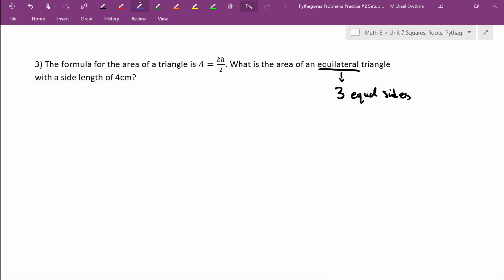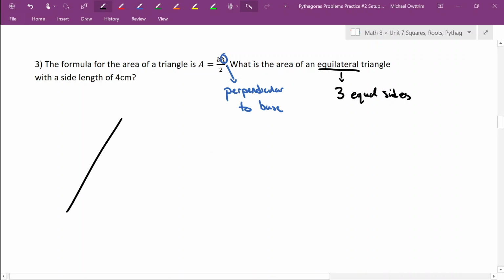And the other thing I know, because I'm going to be looking for right triangles, and equilateral is not necessarily right, is that our h here is going to be perpendicular to the base. So let's go ahead and start with an equilateral triangle. Again, this is just a sketch, of course, and we know each side is 4 centimeters long. So all 3 sides are 4 centimeters long.